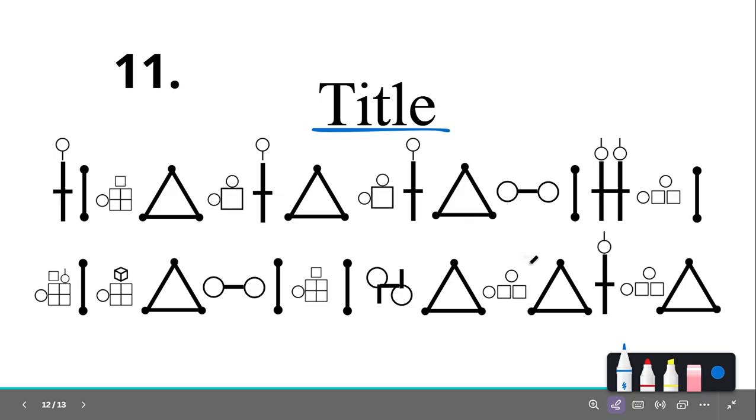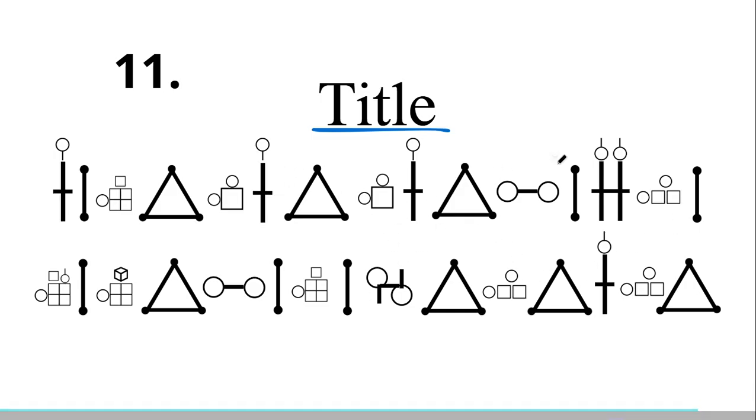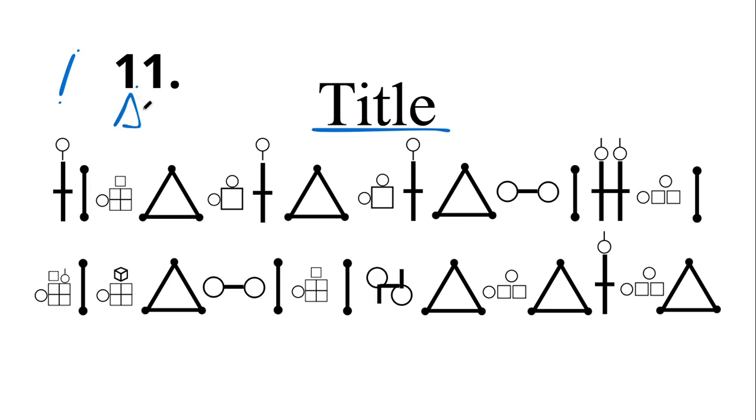So first, what do we have here? We have a line with two dots. We have a triangle with three dots. And then we have some strange symbols. So this is an equation. What is this equation?